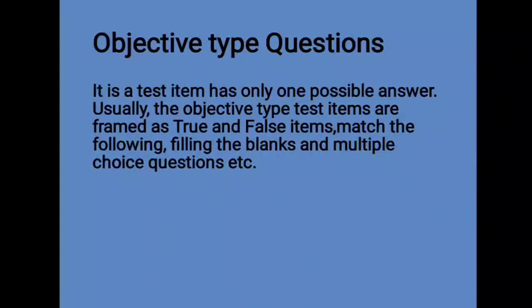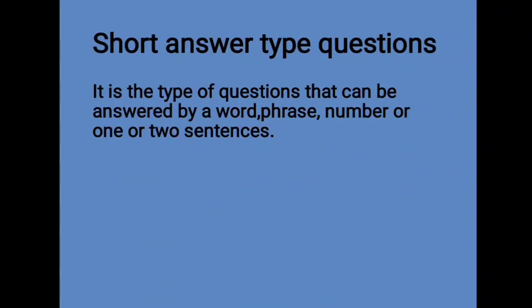Objective type questions. It is a test item that has only one possible answer. Usually, the objective type items are framed as true and false items, match the following, fill in the blanks, and multiple choice questions, etc. It has only one possible answer. Short answer type questions.